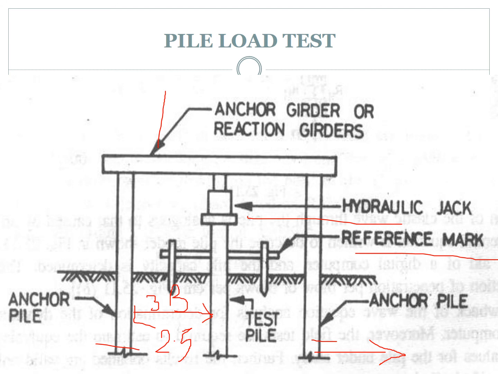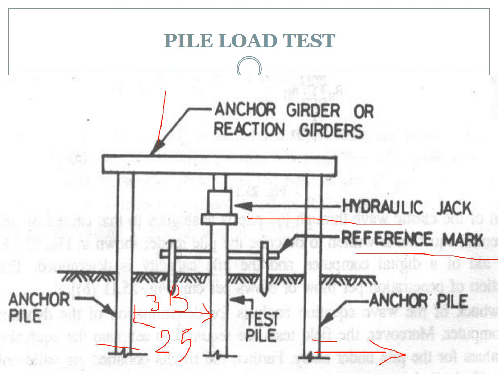Each stage of loading is maintained till the rate of movement of the pile top is not more than 0.1 mm per hour in sandy soil and 0.02 mm per hour in clay soil, for a maximum of 2 hours.